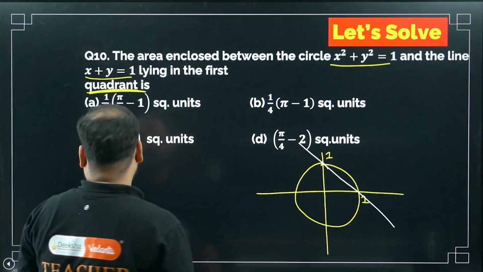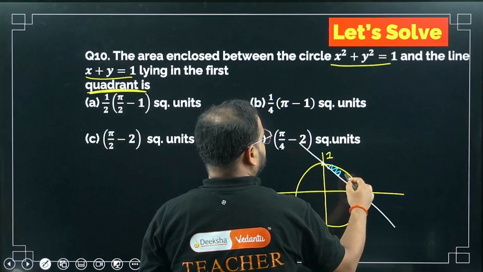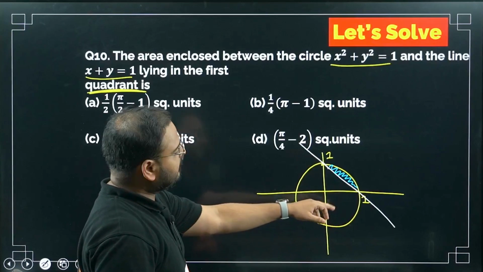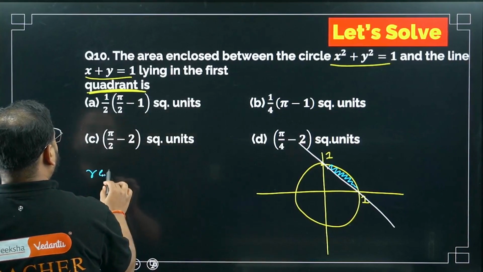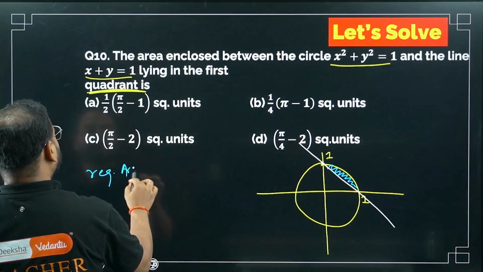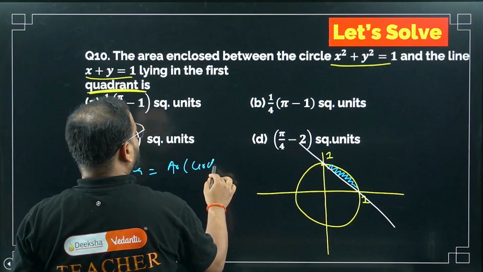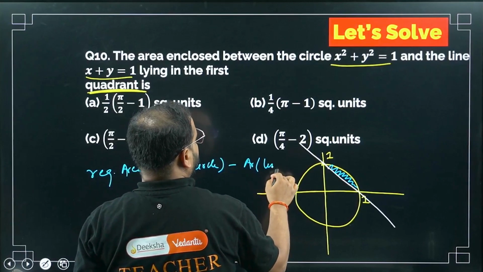Okay, what area are they asking? They are asking us to find this area. How will I find this area? From the circle curve, area under the circle minus area under the line. So my required area will be area under circle minus area under line.